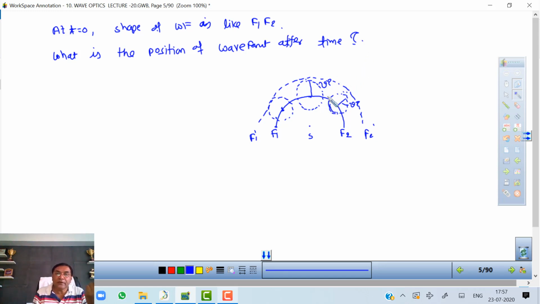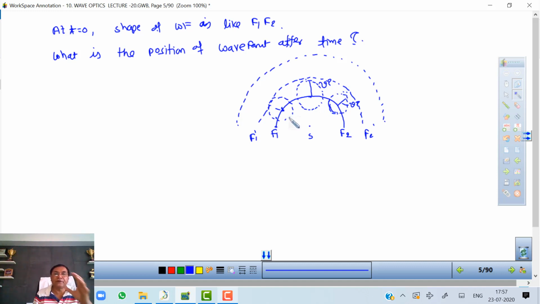If the medium is non-isotropic and homogeneous, the velocity will be different in different places, so the radius will be different, and the shape of the wavefront will change. Likewise, you will have more wavefronts, one from the other, and so on. So this is explained by Huygens.